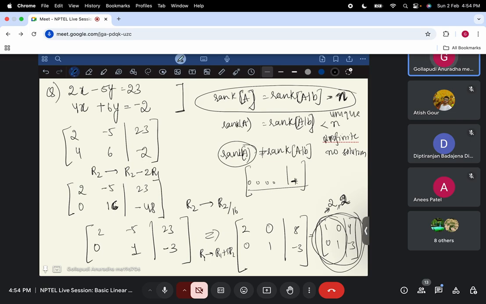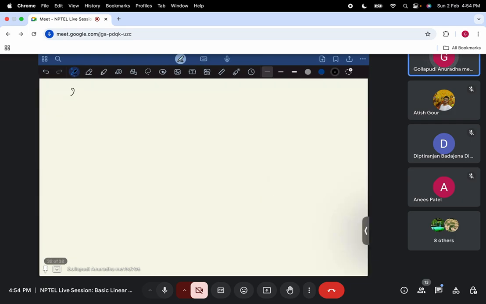Now for example, just think that instead of 6 here you have 10. Instead of 6 you have 10 there. Then what is going to happen?